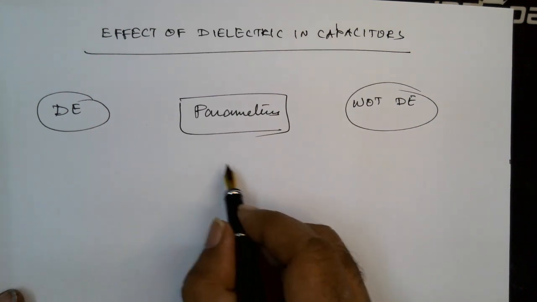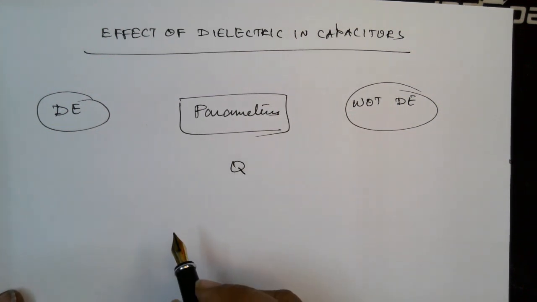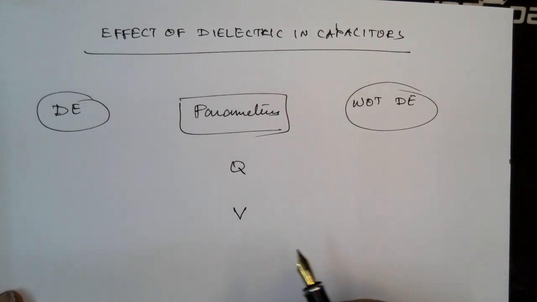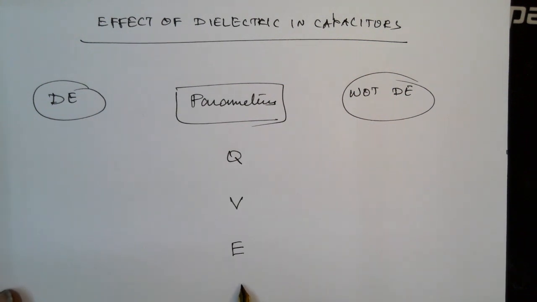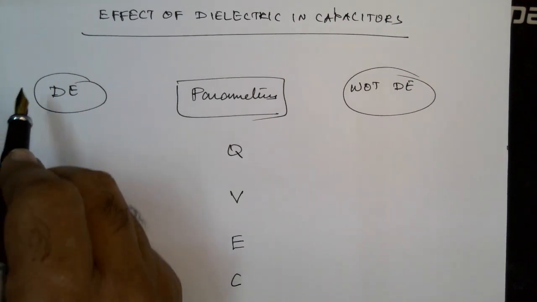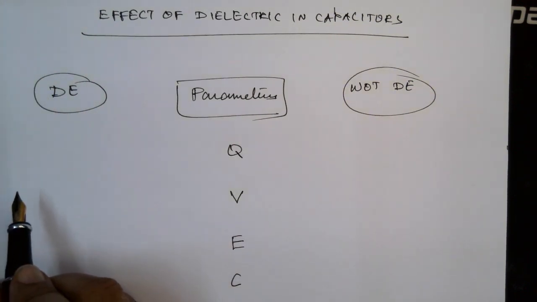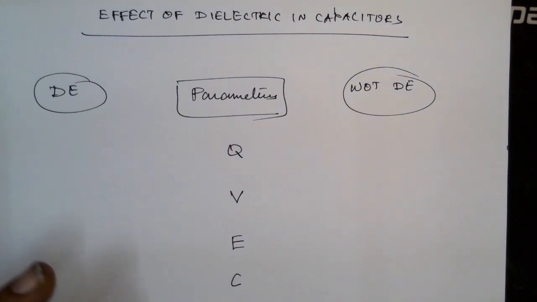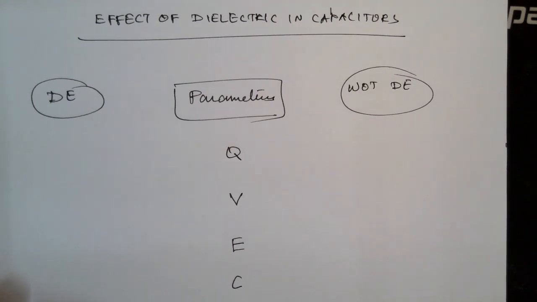For example, Q, then voltage, potential difference, electric field, capacitance, potential, the energy stored in the capacitor. So with the dielectric, that is, when the battery is connected, that is also discussed here.